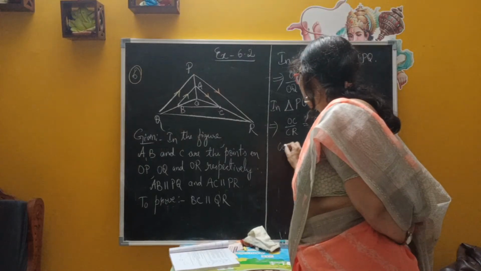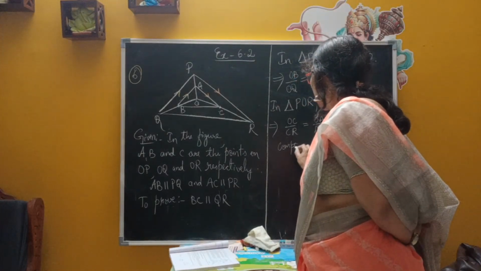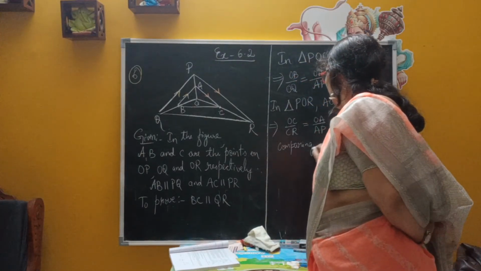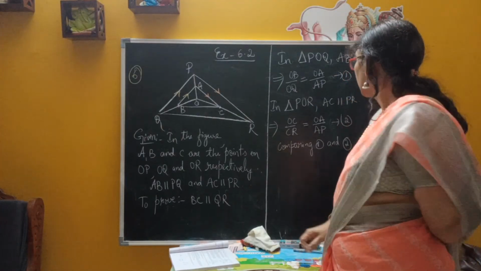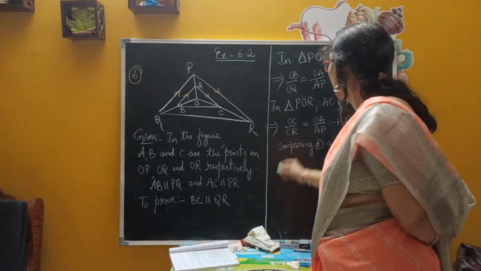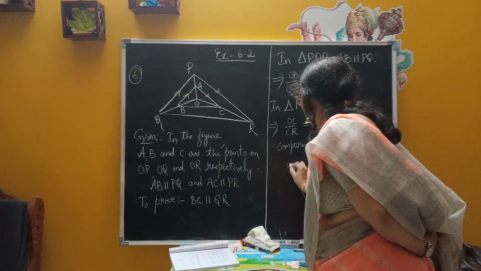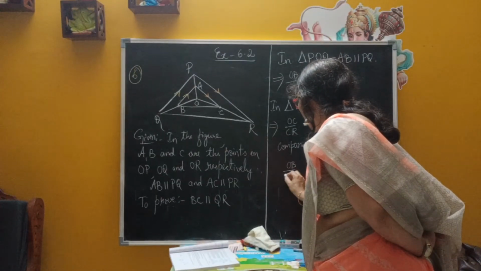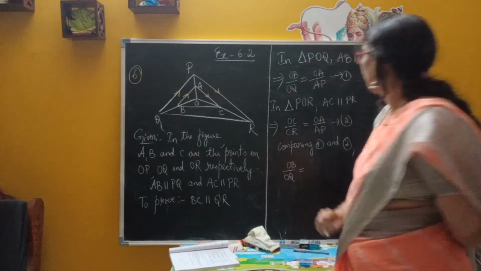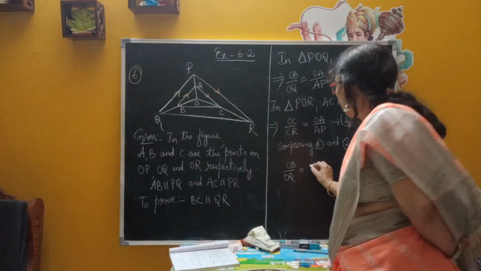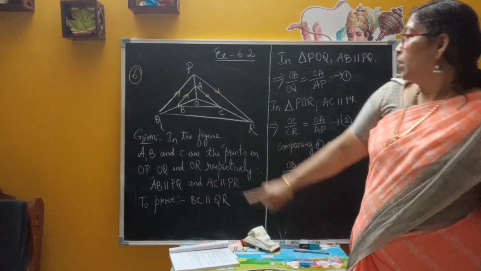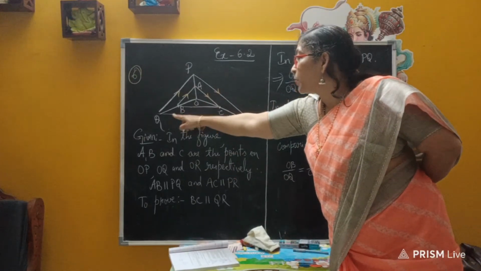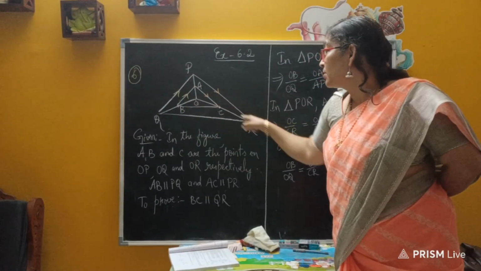We can write OB by OQ is equal to OC by CR.